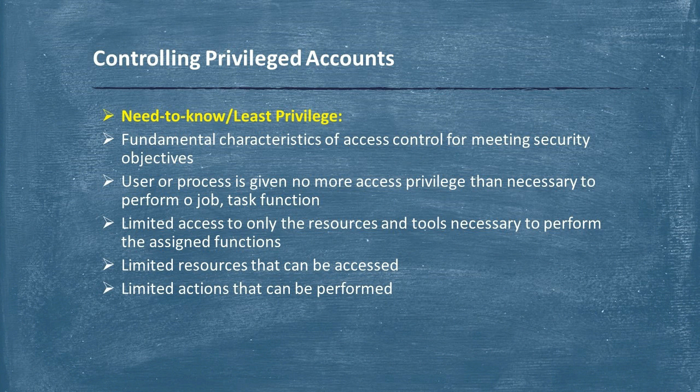So he should not have even a little more, just what is necessary to perform the job. That is least privilege or need to know. Access is limited to only the resources and tools necessary to perform the assigned job. He cannot have access to other tools. Whatever is needed for that particular job, he should have access to that tool only.